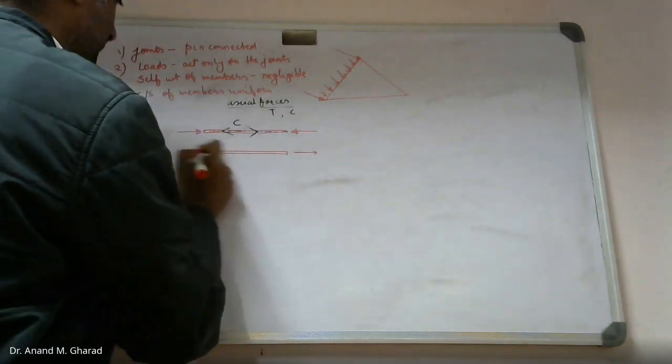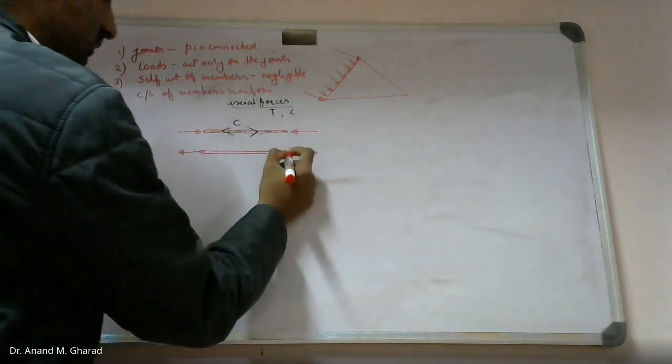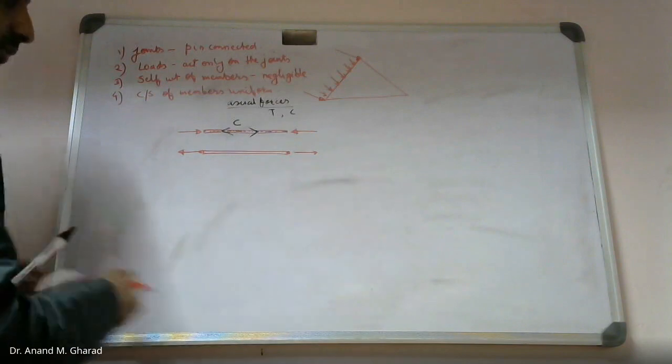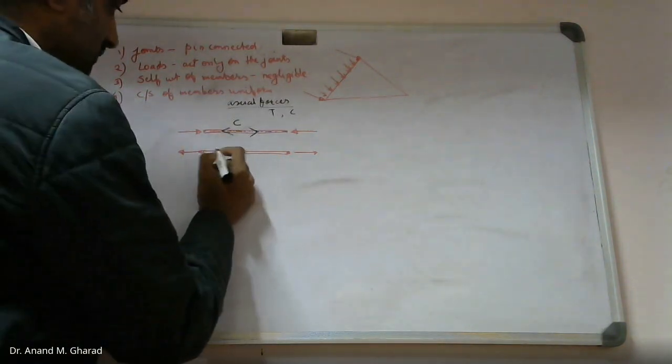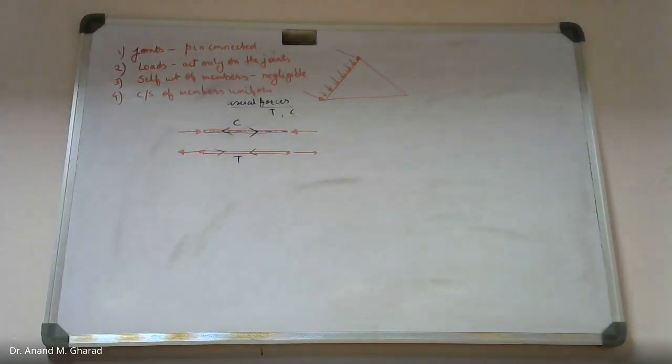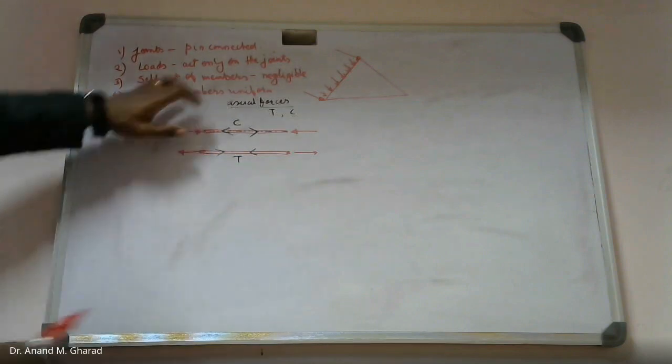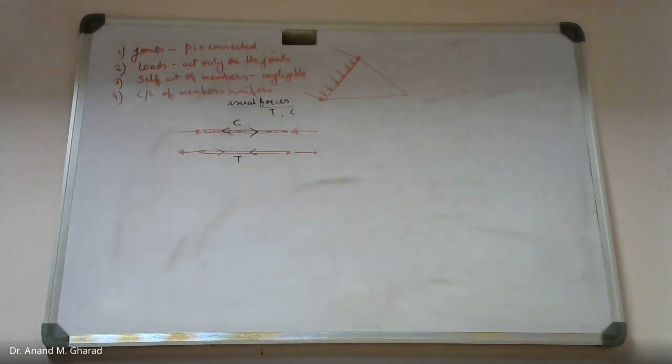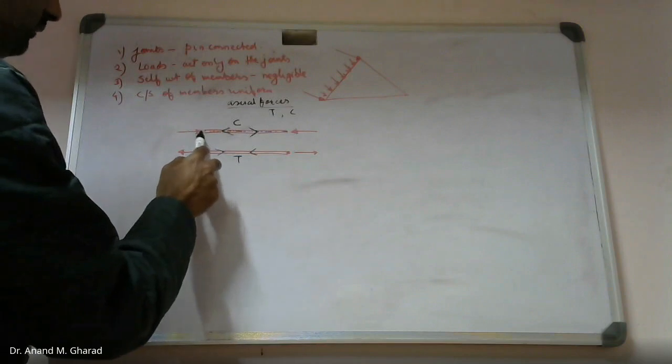if the forces are acting on the joints like this, which is trying to pull that member, the internal forces which are developed along the axis shall be tension. So this will be the representation of the tension force and the compression force accordingly. So for compression, it will be the forces which are pushing towards the joint.